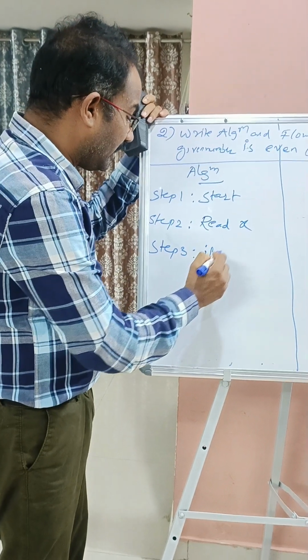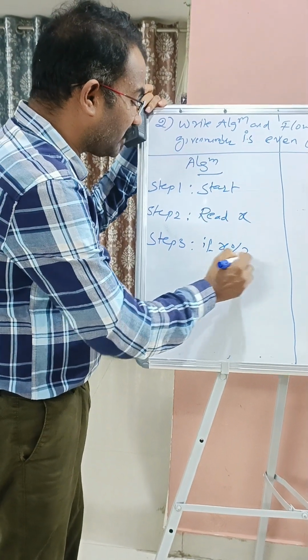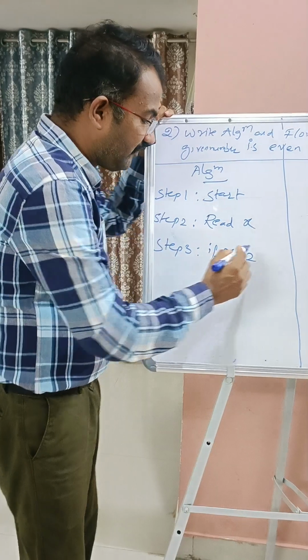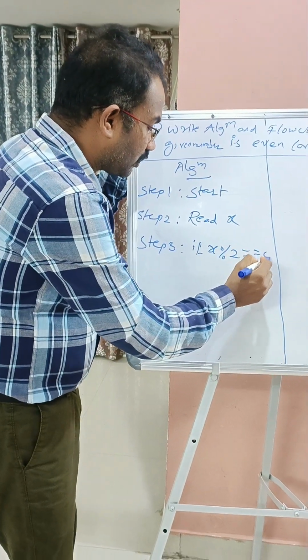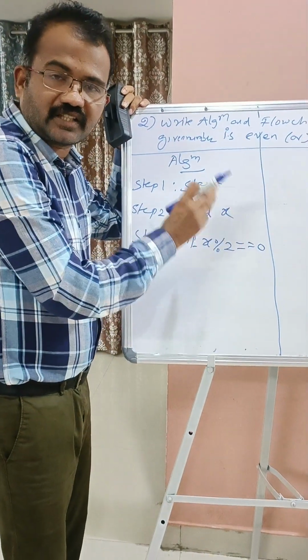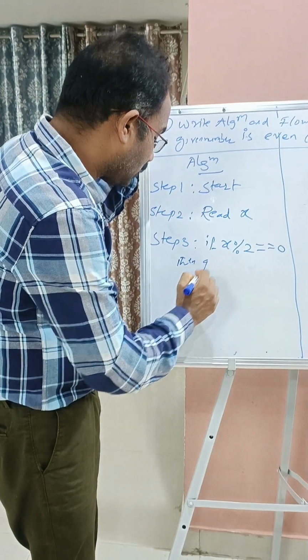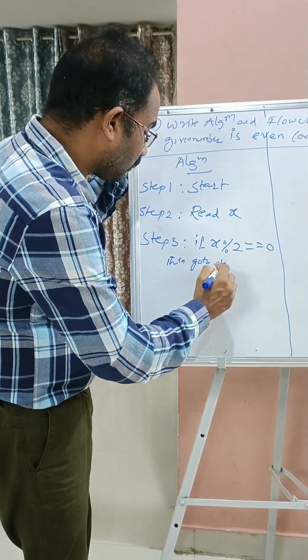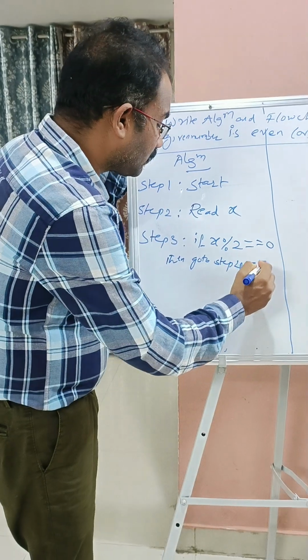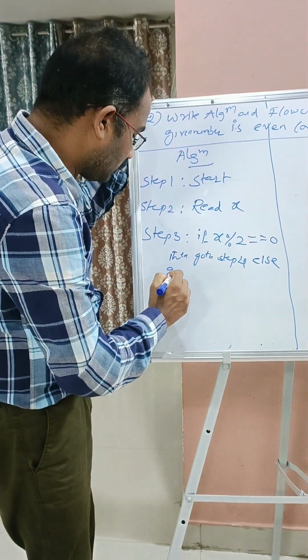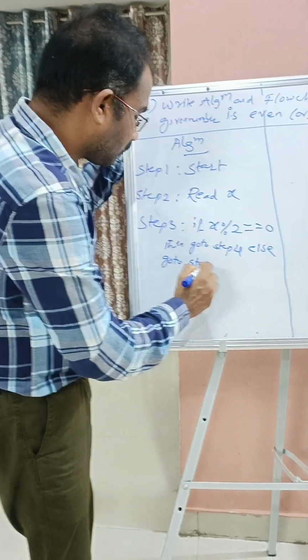If x percent 2, where percent means remainder, equals 0, if this condition is true, then go to step 4, else go to step 5.